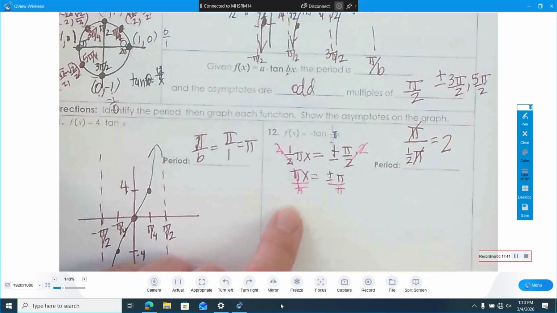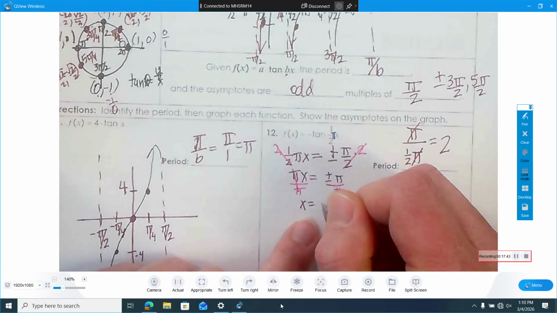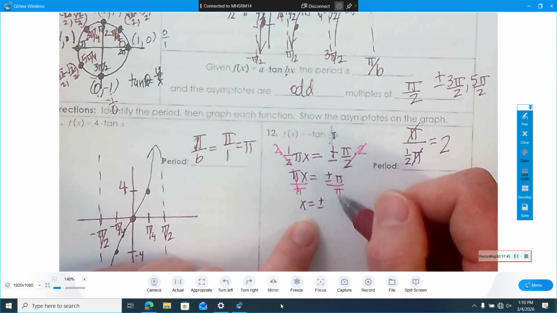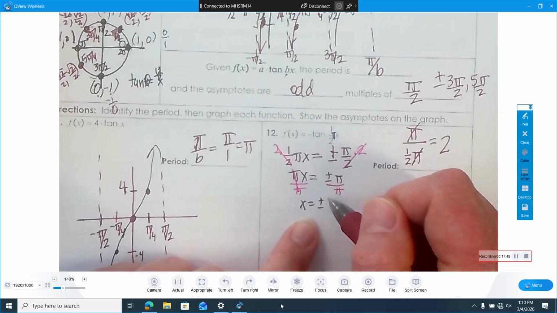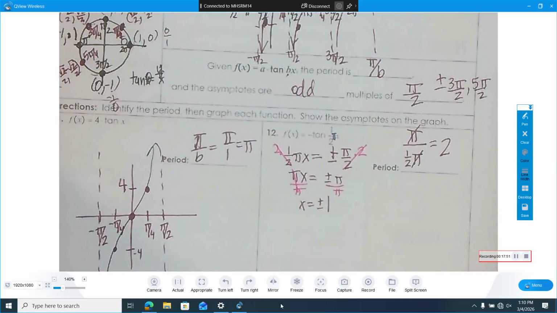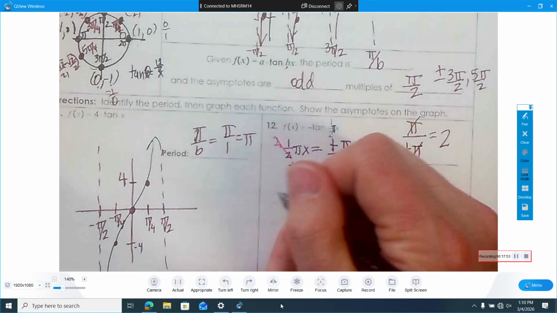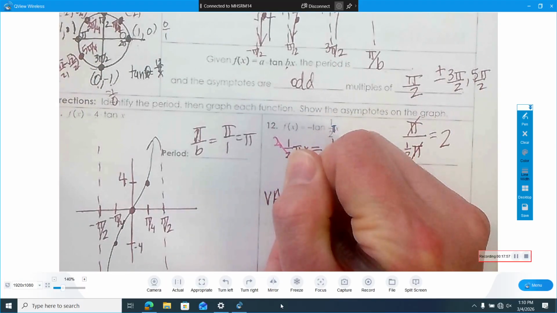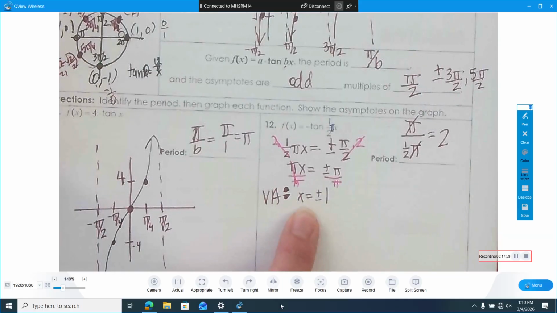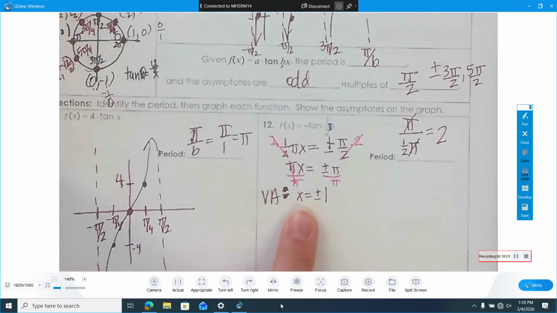All right, so I'm going to set up an equation to help me find these really nice points. What happens with pi divided by pi? Cancels out to become 1. Okay. So here we go. So this is where my vertical asymptotes are, right here at plus or minus 1. So this is a nice little equation we can set up every time to help us.